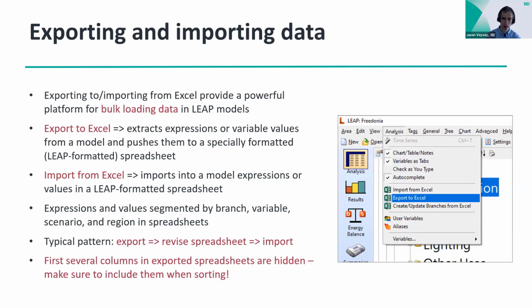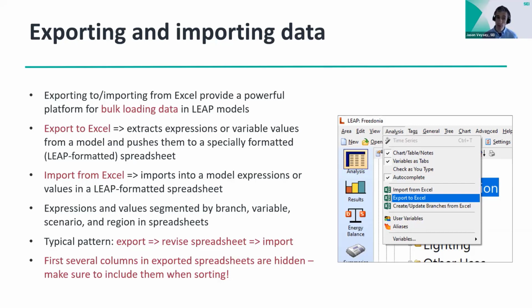exporting data to and importing data from Excel. This is a capability that you can access within LEAP under the analysis menu, as shown in this screenshot. And what it allows you to do is to export either expressions or variable values from your model and put them into a specially formatted LEAP formatted spreadsheet.